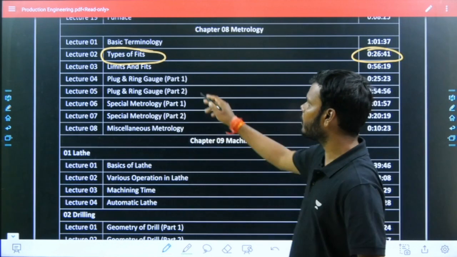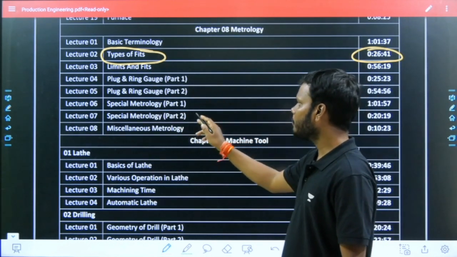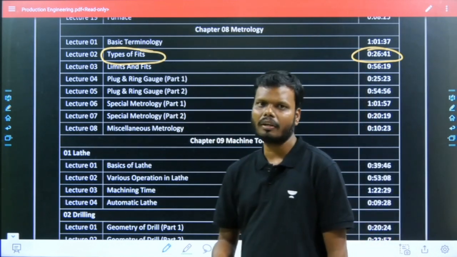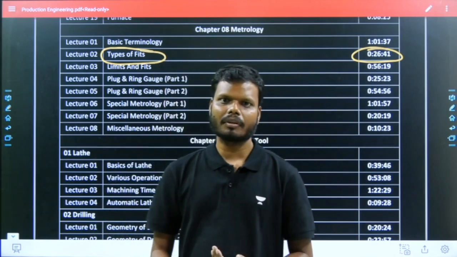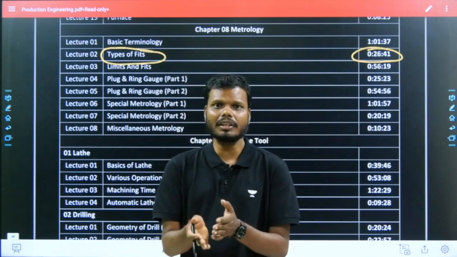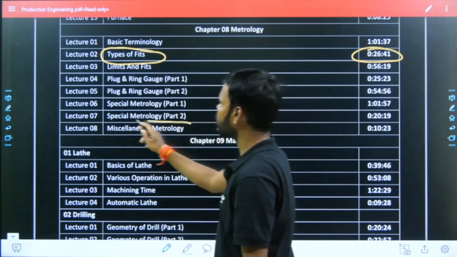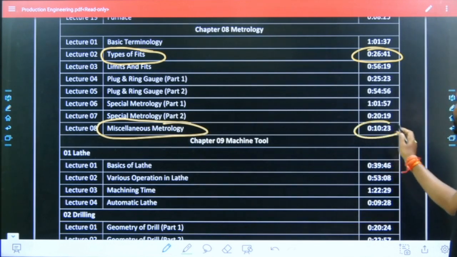Then limits and fit, plug and ring gauge part 1, part 2, special metrology part 1, part 2, and miscellaneous metrology. Miscellaneous metrology means the autocollimator, CMM, coordinate measuring machine, and profilometer. All these instruments are given in lecture number 8 in 10 minutes 23 seconds.